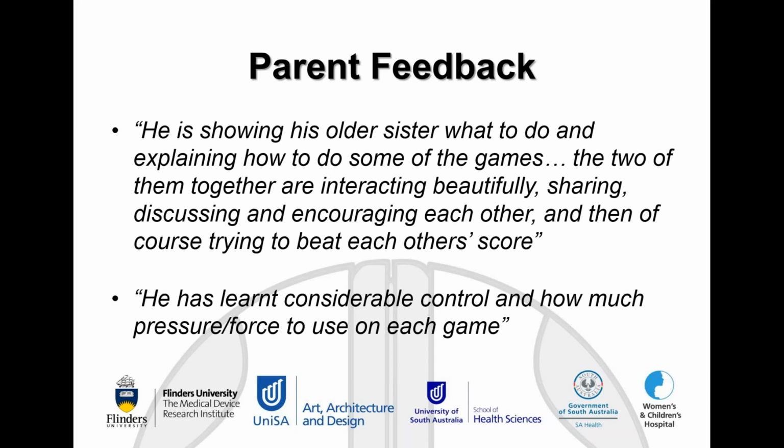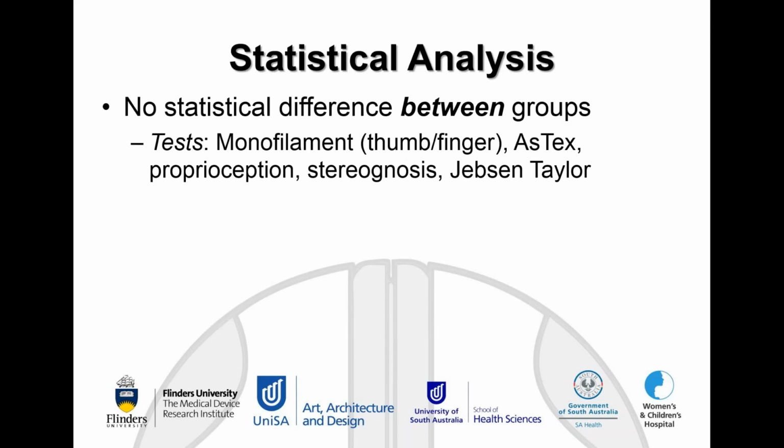If we now look at some of the statistical results from the randomized controlled trial, just for completeness, we did a number of measures for sensory function for these children. You can see here with the dashed bullet point that we're looking at a test of registration with monofilaments for the finger and thumb.